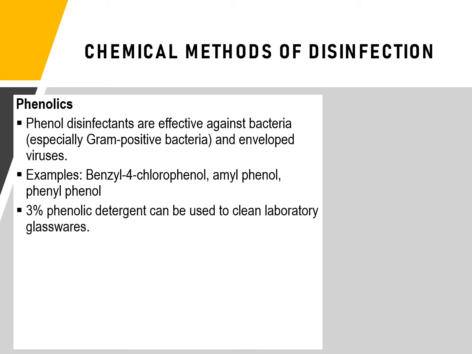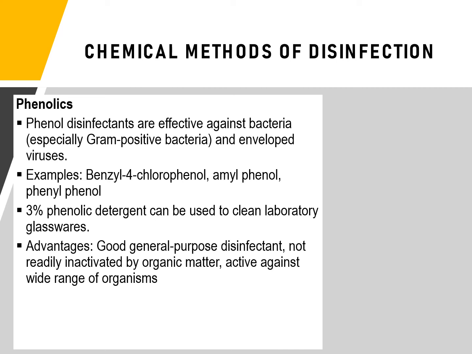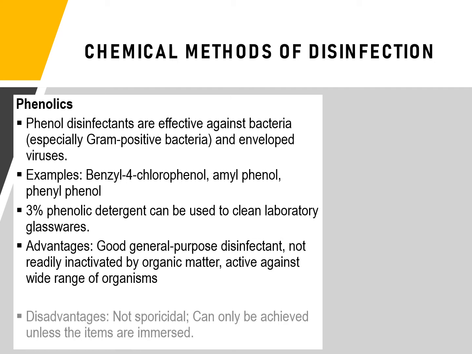For cleaning of glassware in the laboratory, the 3% phenolic detergent is most commonly used. Advantages of using this solution include being a good general purpose disinfectant. It's not readily inactivated by organic matter, and it's active against a wide range of microorganisms.